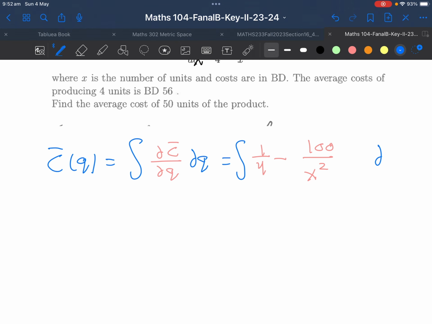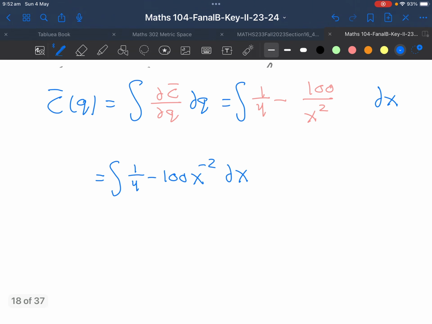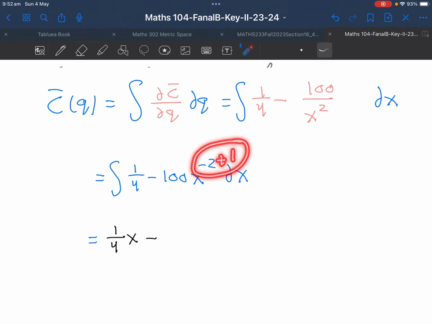So what we have here is just the usual integral, 1 over 4 minus 100. Now the x, I will raise it up so I know how to find the integration, and now I can find the integral. Integral of 1 over 4, we just add x to it. Integral of x to the negative 2, we add 1. So if you do it with the calculator, you will get x to the negative 1.